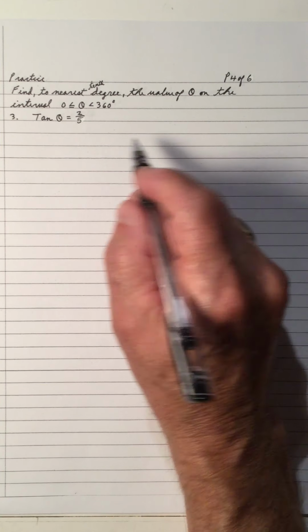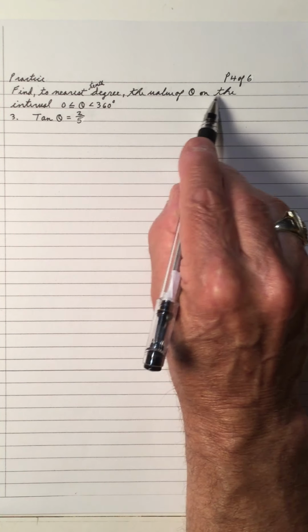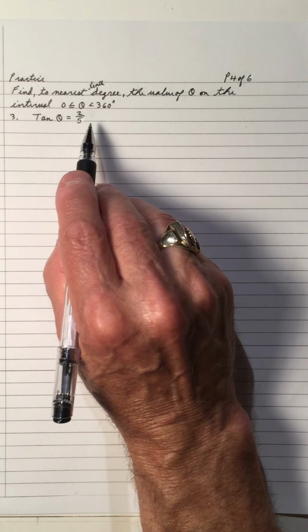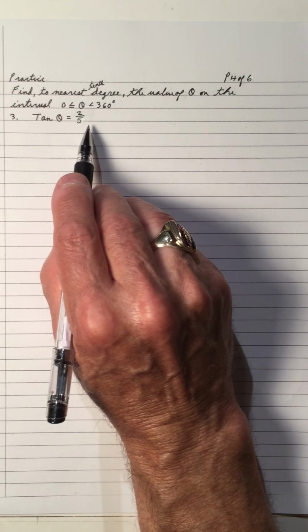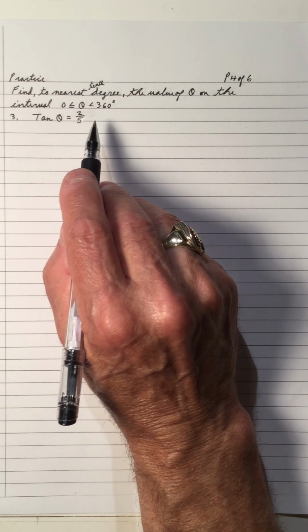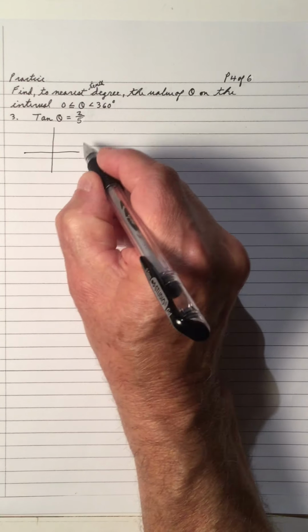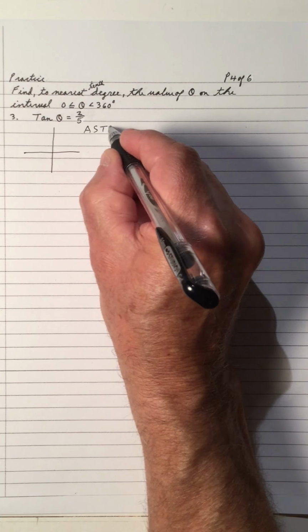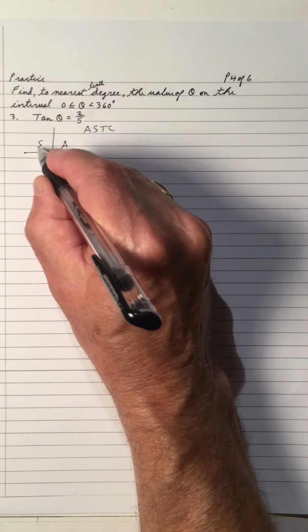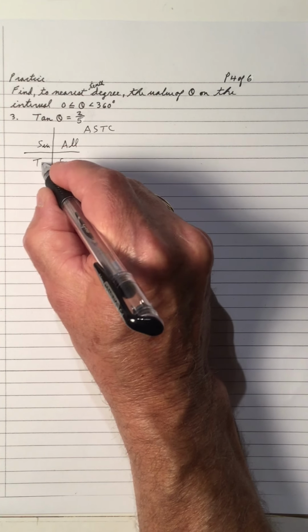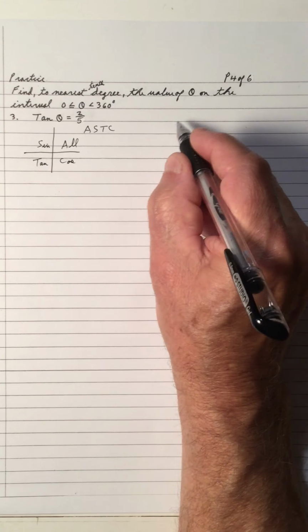Now, we have another one here. Find to the nearest tenth degree the value of theta on the interval again between 0 and 360. But notice this time we're not told what quadrant to go into. So I have to say to myself, where do I put tan? I recall that ASTC starts in quadrant 1: all, sine, tan, cos.